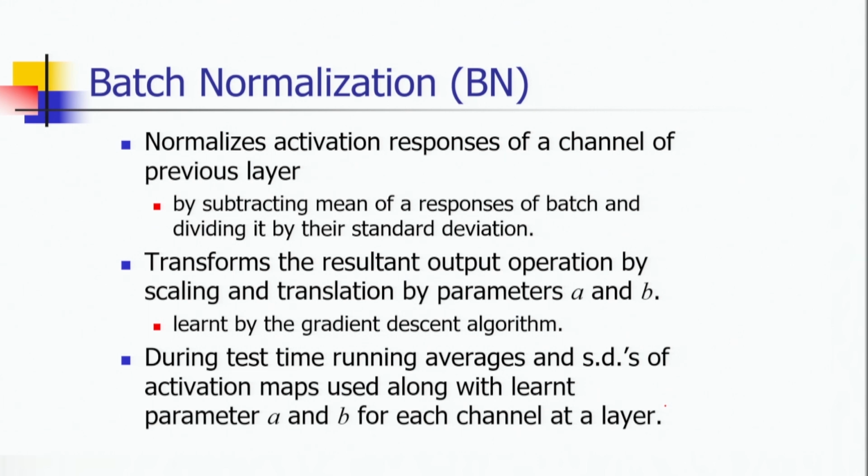During testing time also, running averages and standard deviations of activation maps are used along with the learned parameters A and B. So we learn these coefficients A and B. It is not just simply normalization by subtracting the mean and dividing by the respective standard deviation. There are certain parameters we use, that is, scaling and translation parameters A and B, which act like mean and standard deviation.